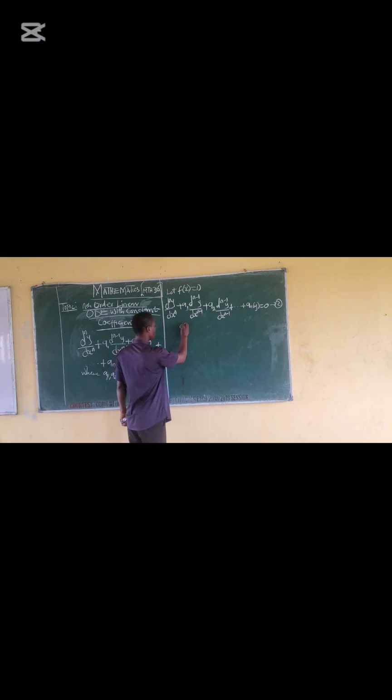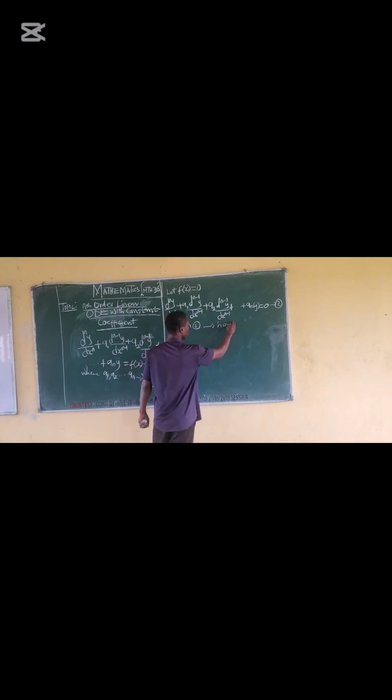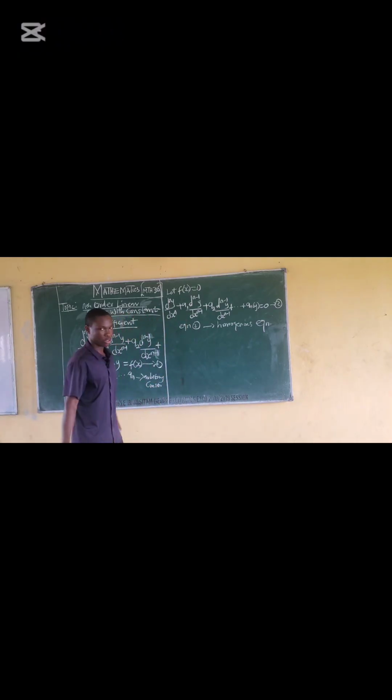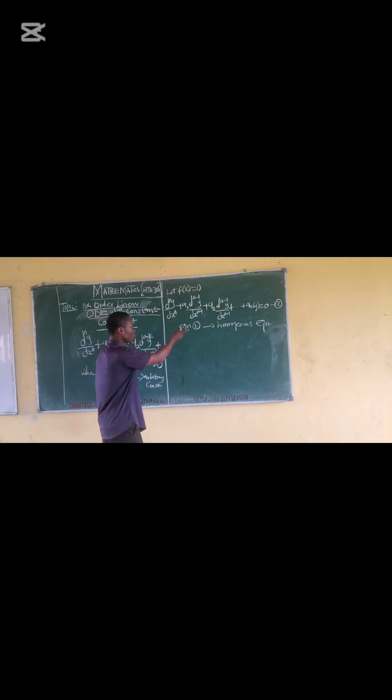So we can say that equation 2 is the homogeneous equation, which we are going to be talking about in this video. Then maybe in our subsequent videos, we'll drill on the non-homogeneous part of the differential equation.